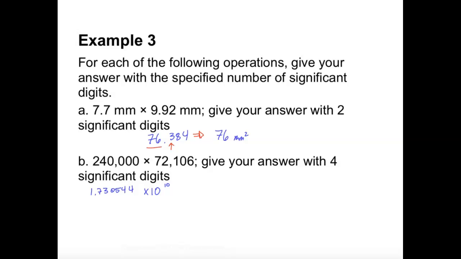And if I want 4 significant digits, I will round it to the thousandths place, which means I'm paying attention to the 5, and I'm going to rewrite it as 1.731 times 10 to the 10th.